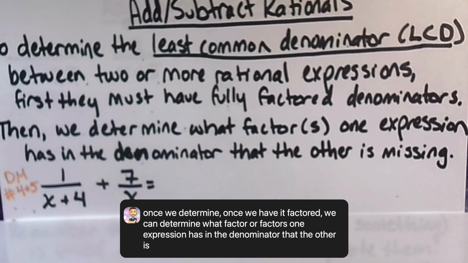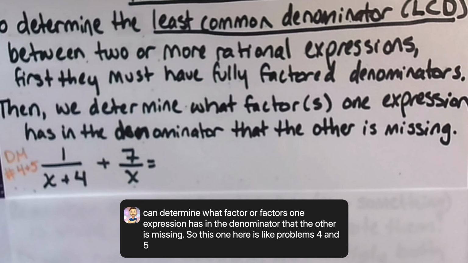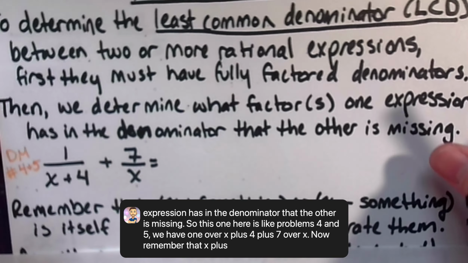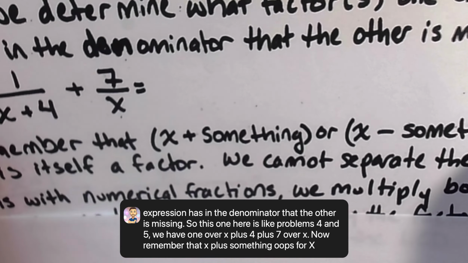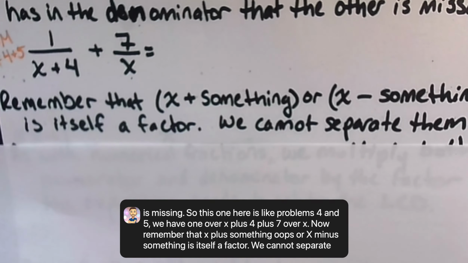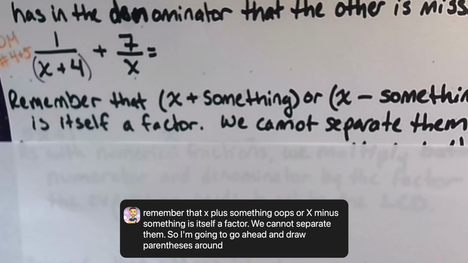So this one here is like problems 4 and 5. We have 1 over x plus 4 plus 7 over x. Now remember that x plus something, or x minus something, is itself a factor. We cannot separate them. So I'm going to go ahead and draw parentheses around this x plus 4.